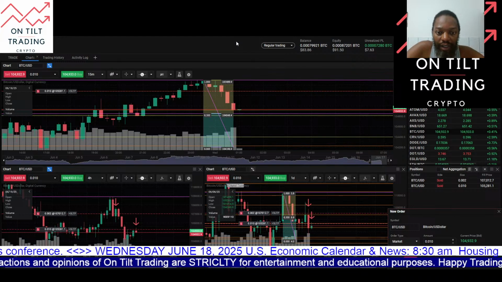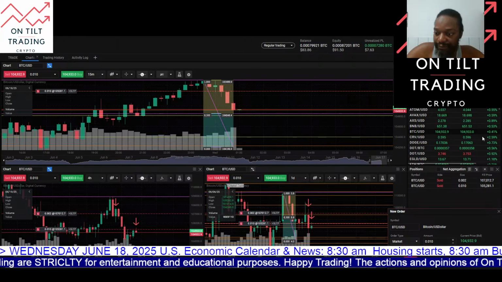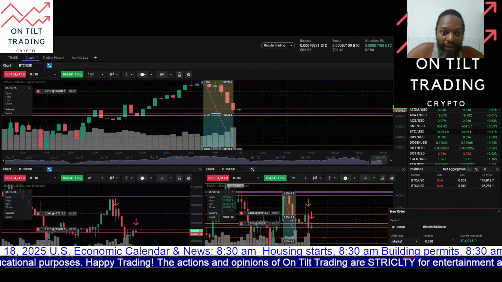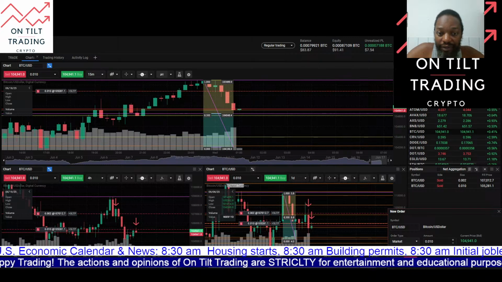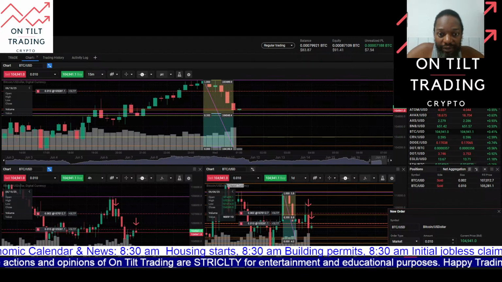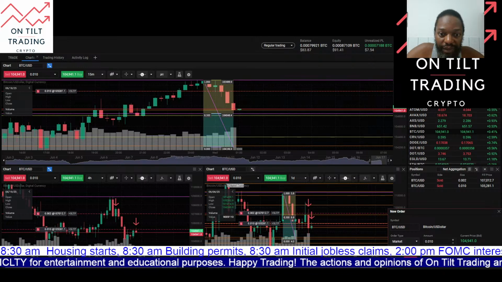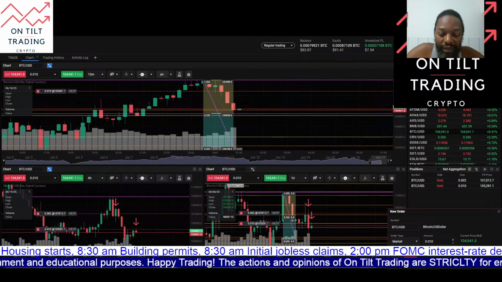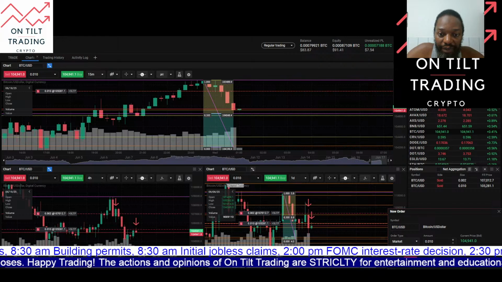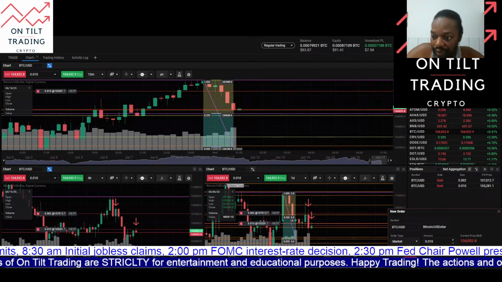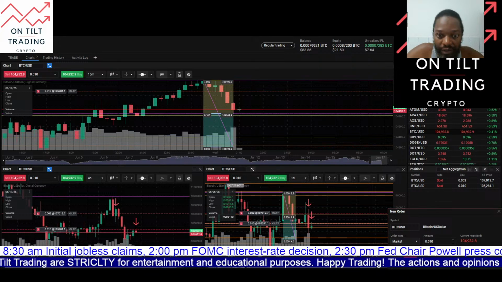And for that position, I would place my stop loss back here. Actually, no, I wouldn't place my stop loss here. Take that back. I would place my stop based on the swing high. So I would put my stop above whatever swing high that may form here on Bitcoin.